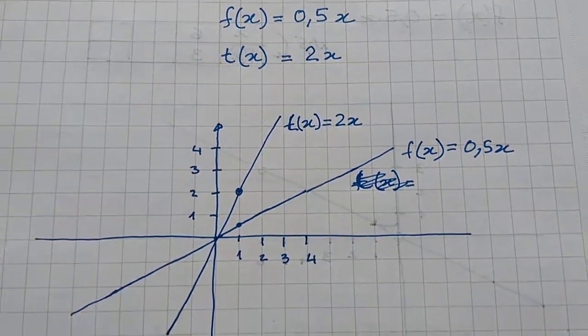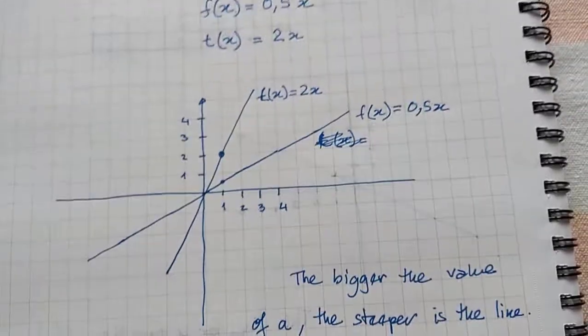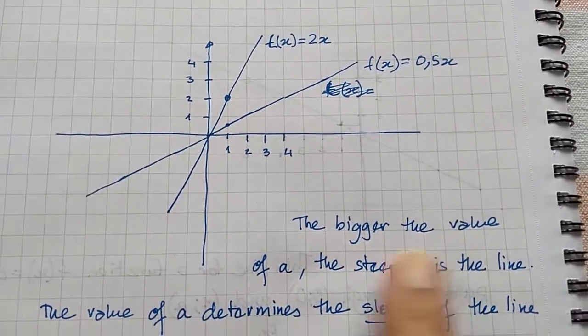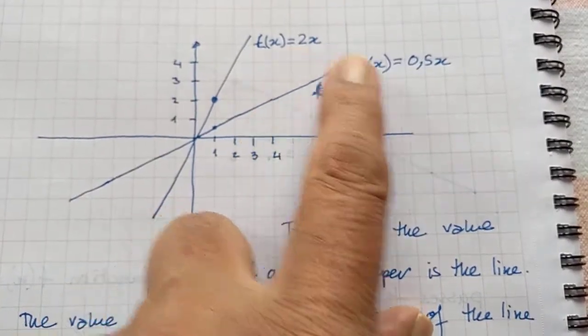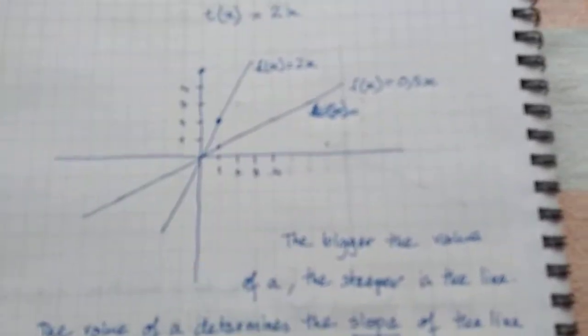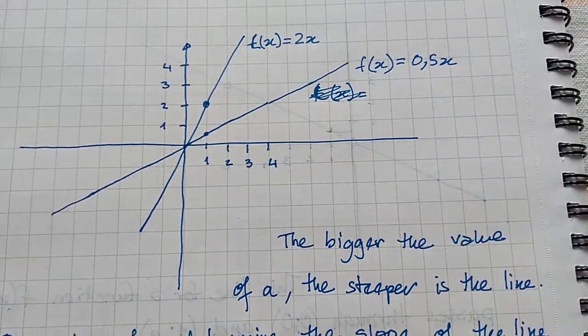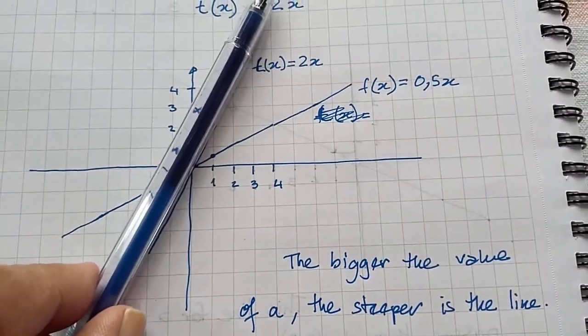So I'm drawing two linear functions on the same graph, and you can see here the bigger the value of a, this one a is 2, here a is 0.5, the bigger the value of a, the steeper is the slope.